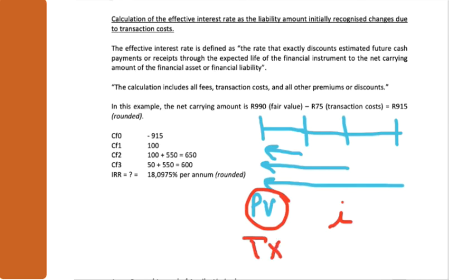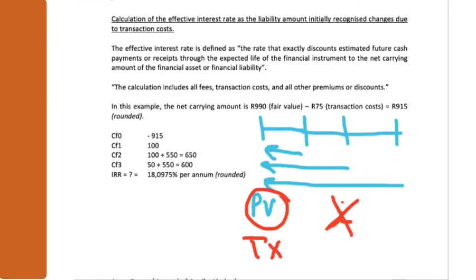Now, our future cash flows haven't changed. The fact that you paid transaction costs does not mean the interest over the term of the debenture is different, or the maturity payments over the term of the debenture are different. Your future cash flows have remained unchanged, but your PV has changed. Therefore, your interest rate can no longer be correct.